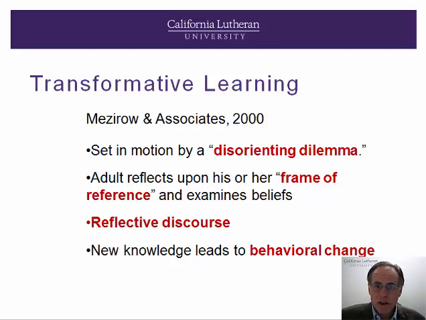If the individual incorporates some of that information from those discussions or upon that reflection, then the cognitive process has changed. The new knowledge leads to behavioral change. The new knowledge enables the individual to deal now with this disorienting dilemma. The outcome is a transformation.